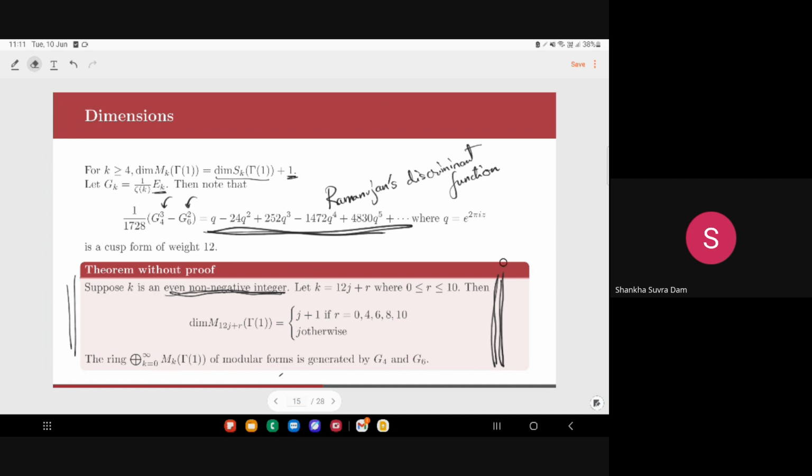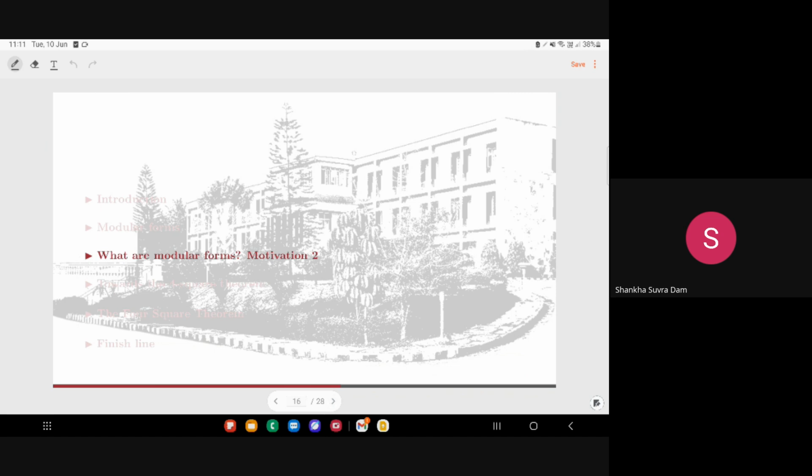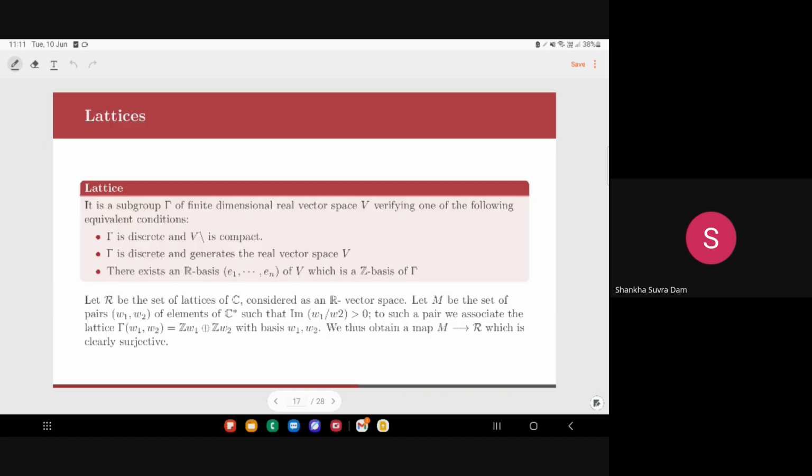If you are really interested in a good proof, I would suggest you go through the proof of this as in Serre's book. Serre's book is A Course in Arithmetic. What are modular forms' motivation? This part is practically from Serre's book.